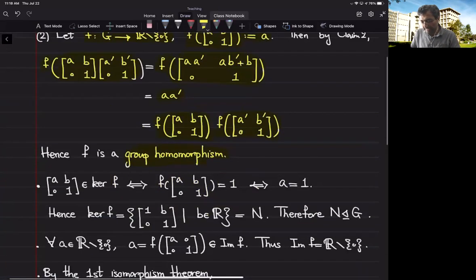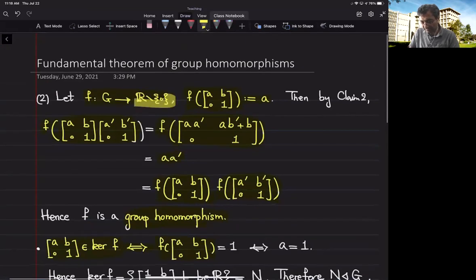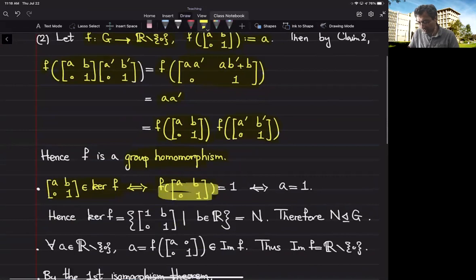Now, an element belongs to the kernel of F precisely when it is sent to the neutral element of the codomain. The neutral element of this group is 1. So this is supposed to be sent to 1, but F of this element is the 1-1 component. That means this matrix is in the kernel precisely when A is 1. So this is in the kernel exactly when A is 1.